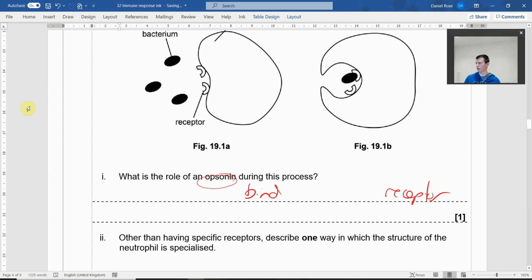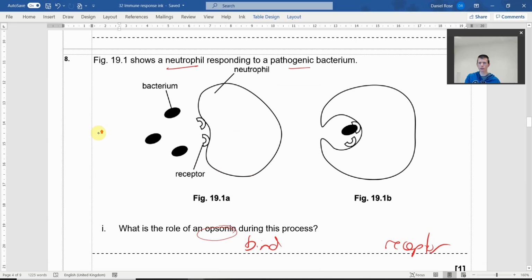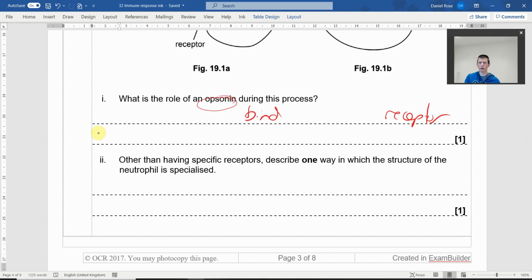Right, I don't know why this is disappearing. I've got a strange case of disappearing text. Right, other than having specific receptors, describe one way in which the structure of a neutrophil is specialised. Okay, I'm going to start. I've got some clues, and this isn't a great clue, but I had a clue earlier in an exam. But think about it, it's going to be the same for all white blood cells. All white blood cells are going to release a large number of different chemicals, with antibodies or receptors.